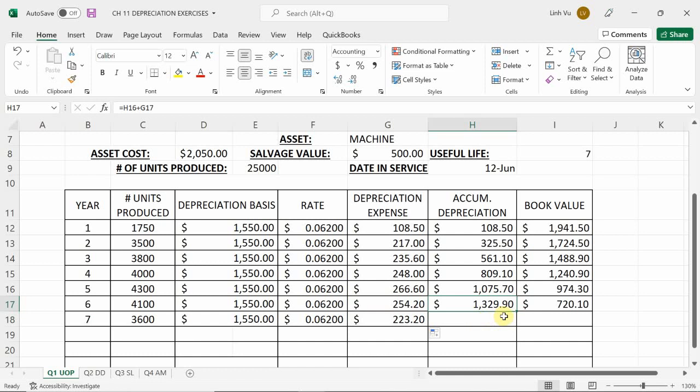1,329.90 add 223.2. I got 10,5531. It's not correct, right?